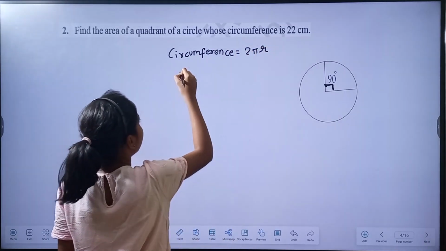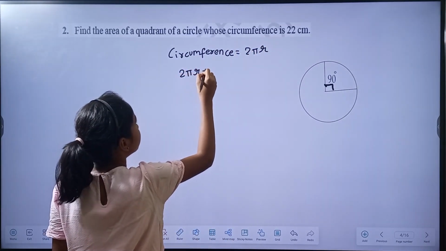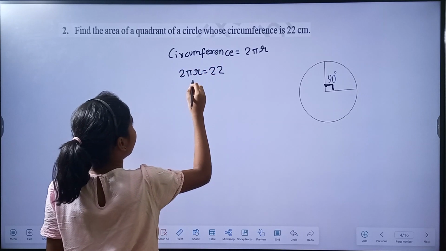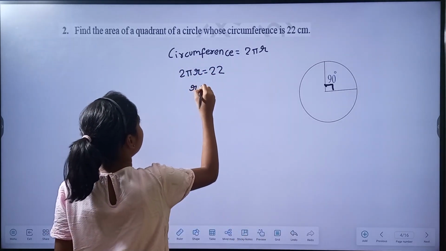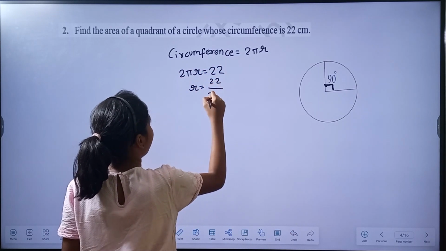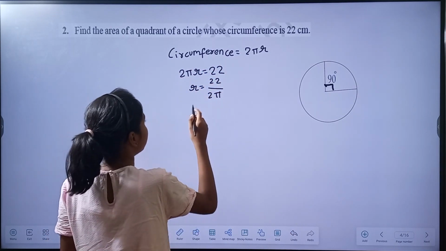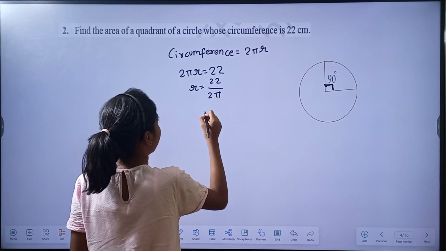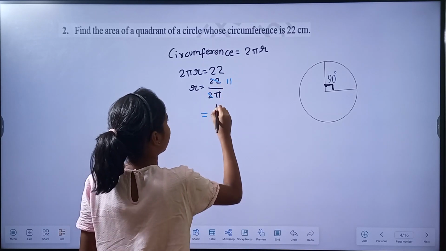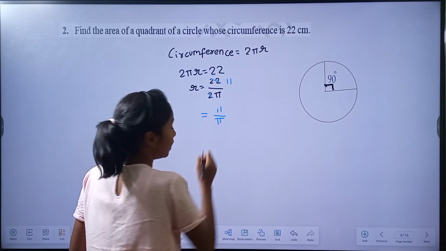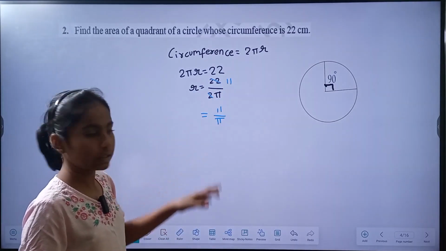They have given 2 pi r equals 22. So we get r equals 22 by 2 pi, which is 11 by pi. We'll simplify it at the last.